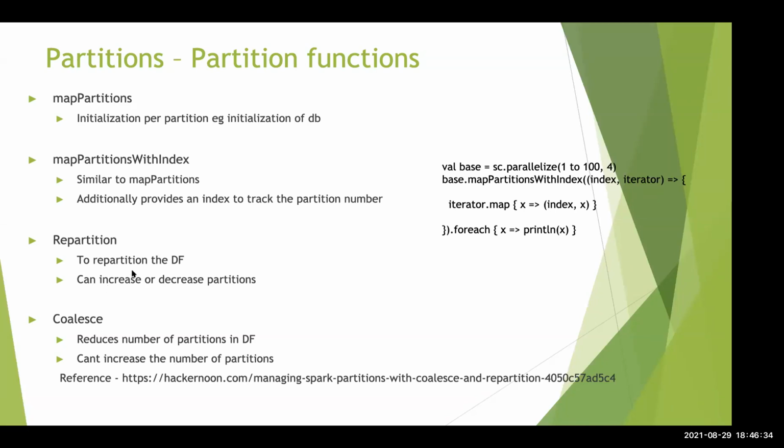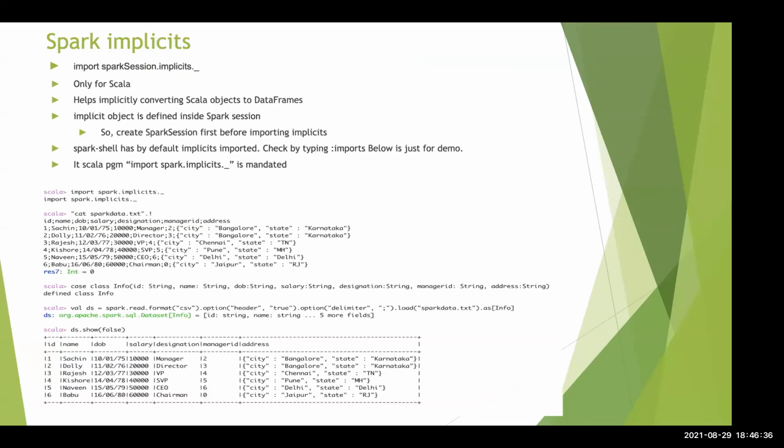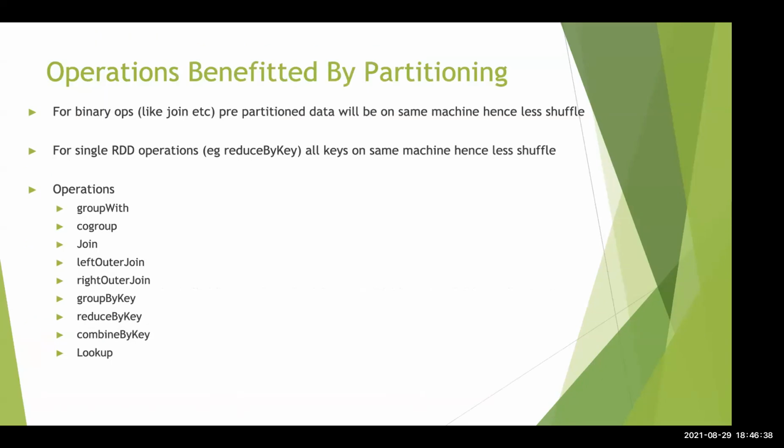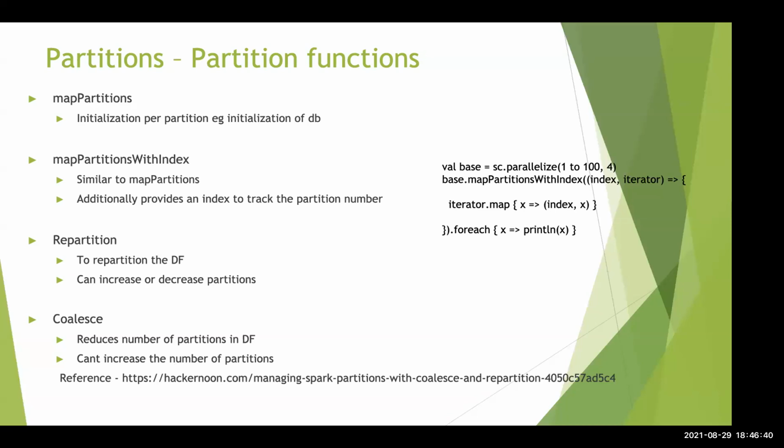I have a question here. In an interview, I was asked to give a scenario where coalesce would be used to increase the number of partitions. Did they ask whether you can use coalesce to increase the number of partitions? They wanted me to describe a scenario where I can use coalesce to increase the number of partitions.